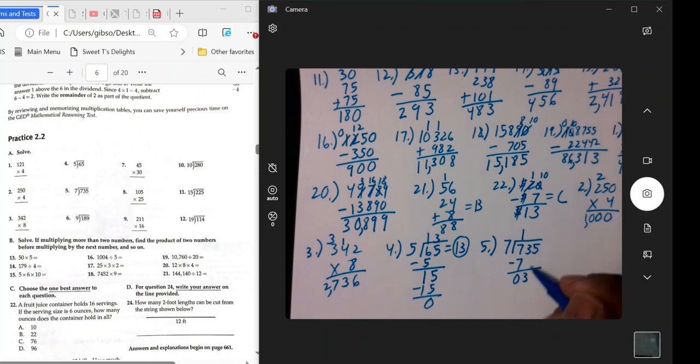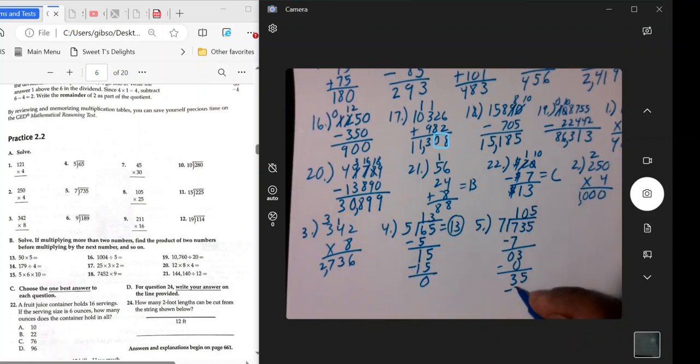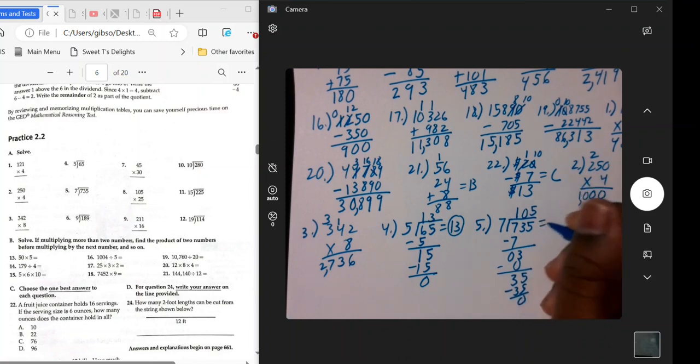So you subtract, and then you bring down the next place value. 7 goes into 3 0 times. 0 times 7, we know is 0. So that will leave us 3. I could just drop this 0 here because we have this 3. Then we will bring down the 5. 7 goes into 35 5 times. 5 times 7 is 35. And you have no remainder. So your final answer here is 105.